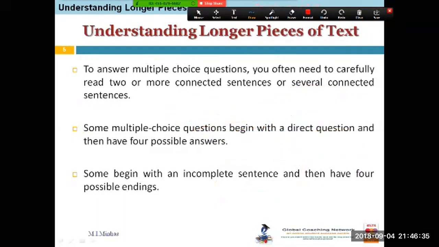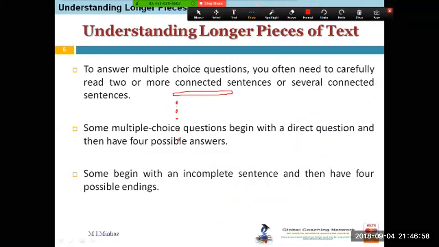In this type, you are given one question, and that question asks you which two of the following are correct, A, B, C, D. In that case, you will find 5 to 6 choices, and two of them would be correct.